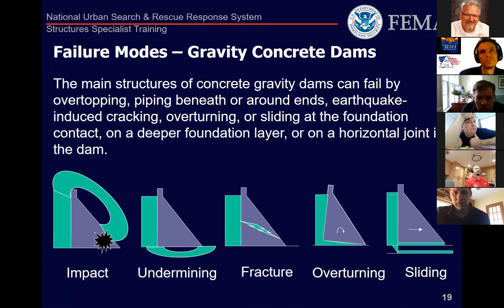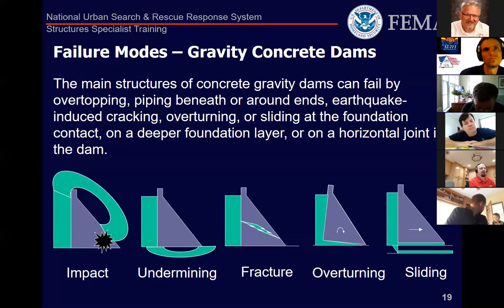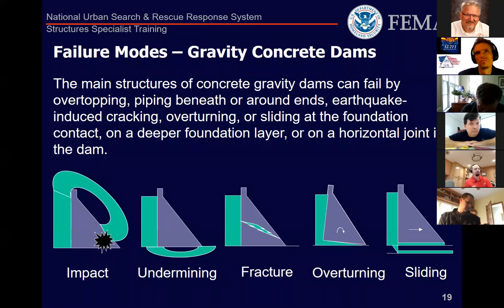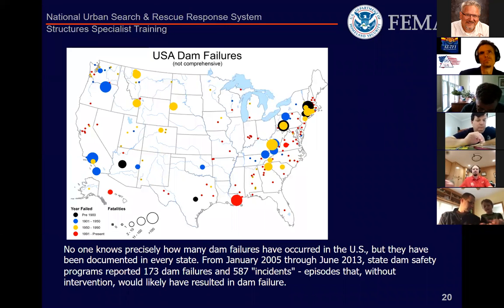Or sliding failure. Sliding's one that we're often concerned about based on how it's founded and in what geologic material. I know in Oklahoma we had several dams that were founded in shale, and we were concerned with sliding. So for our gravity dams, that's one we look at. Next slide, please.